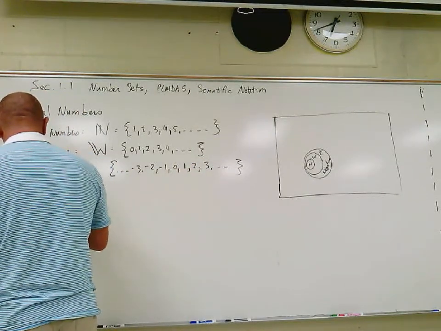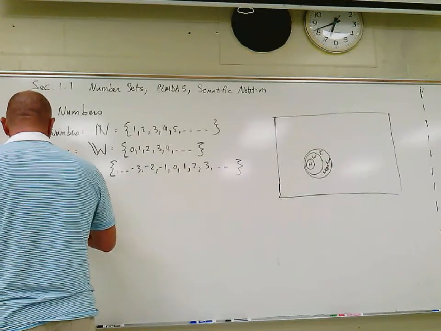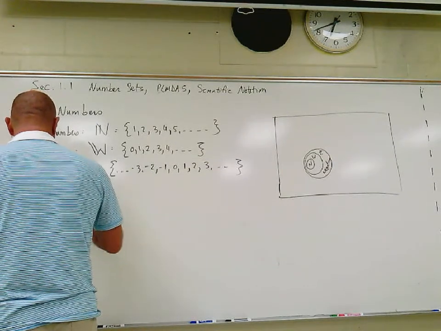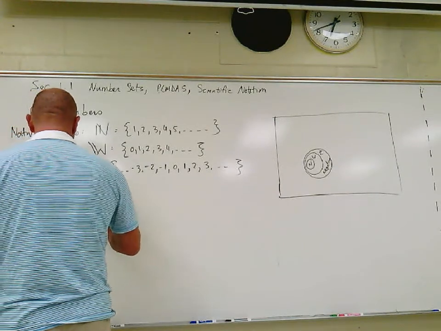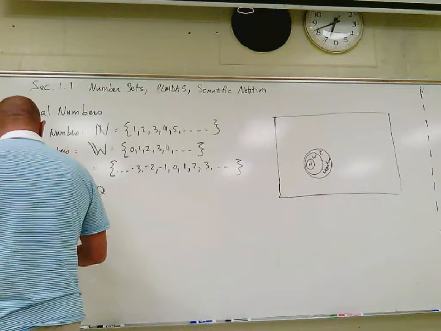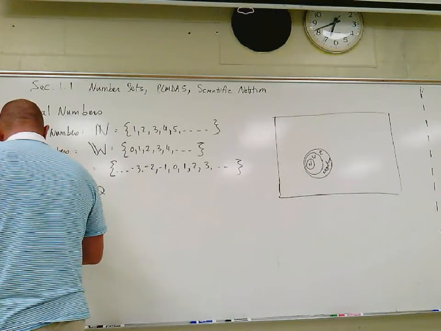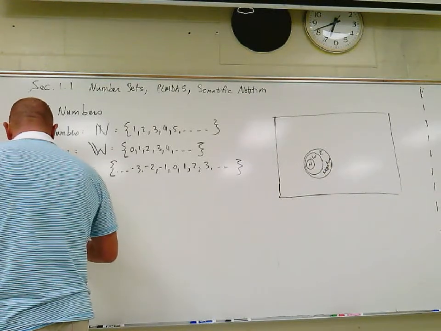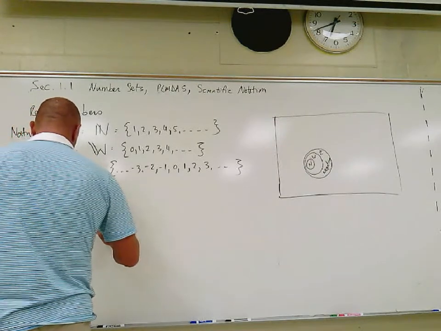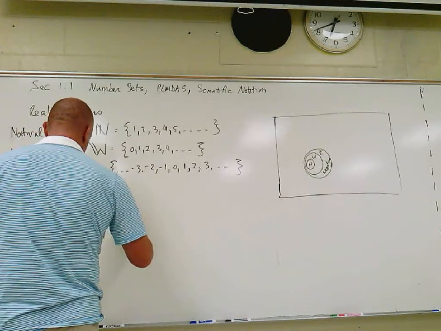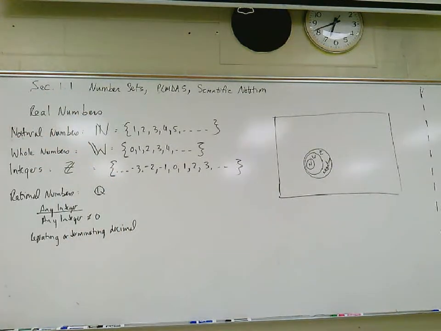It can be a fraction like this, where it's any integer over any integer, except the bottom can't be 0. Or it's a repeating or terminating decimal. Either one. Any integer over any integer, or repeating or terminating decimal. Okay. So Hank, pick 2 integers for us.